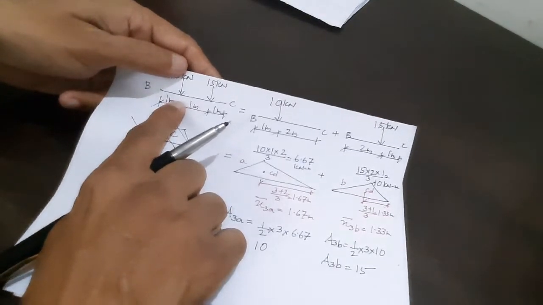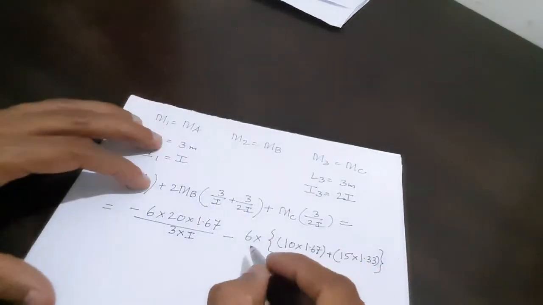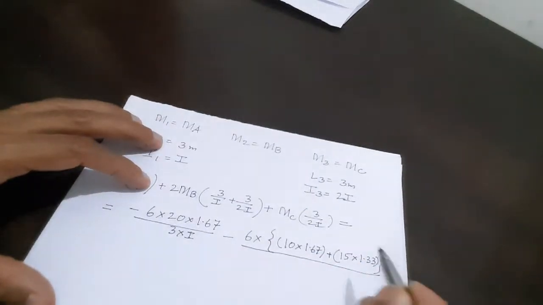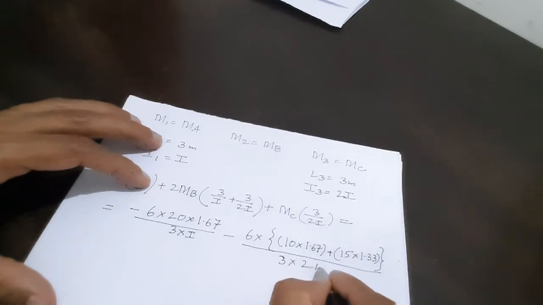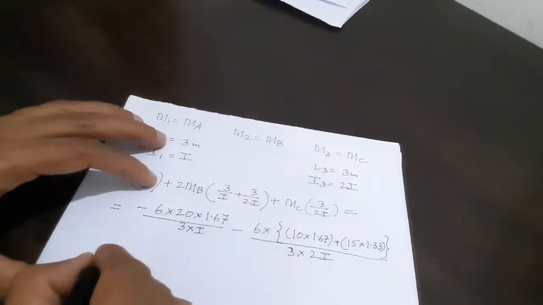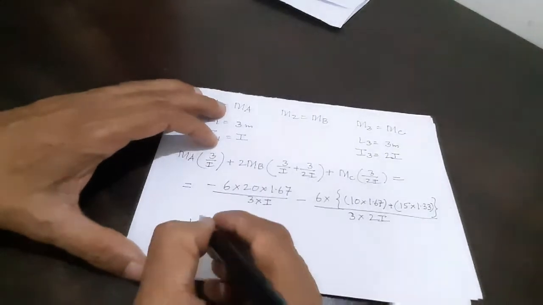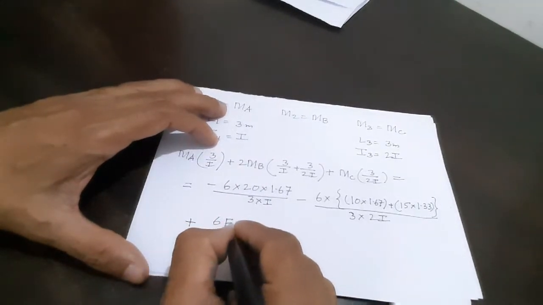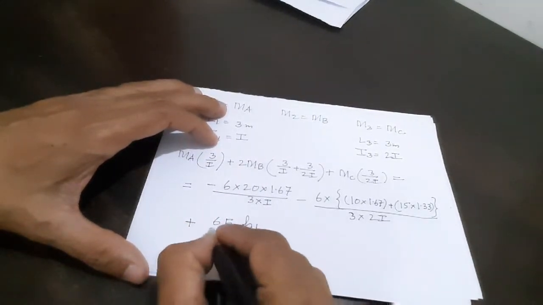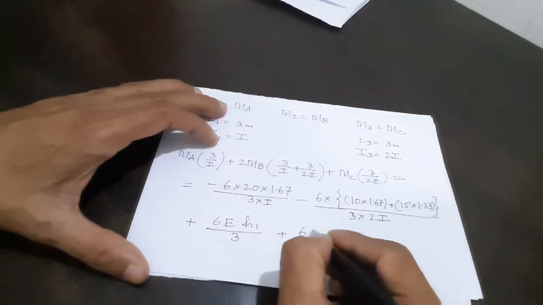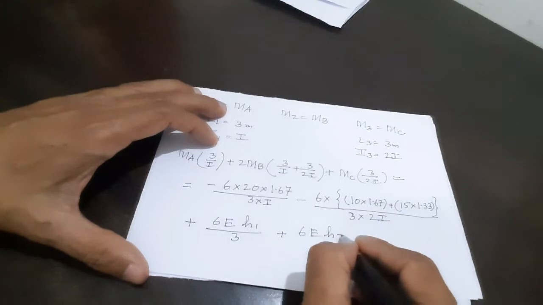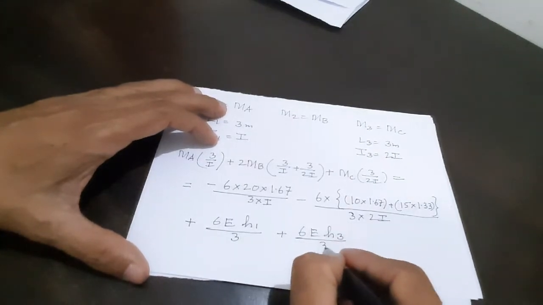This is nothing but principle of superposition, divided by 3 into 2I, plus supports are settling, 6E h1 upon L1, which is 3, plus 6E h3 divided by L3, that is 3.